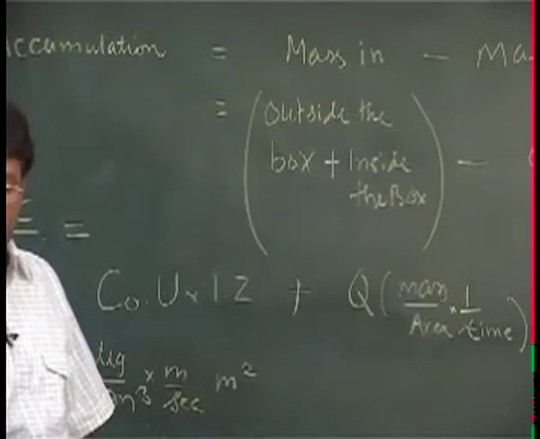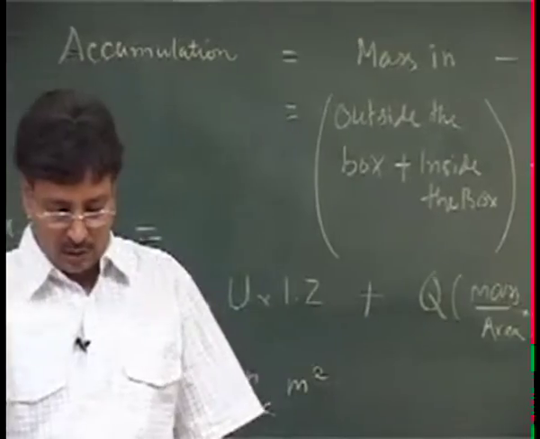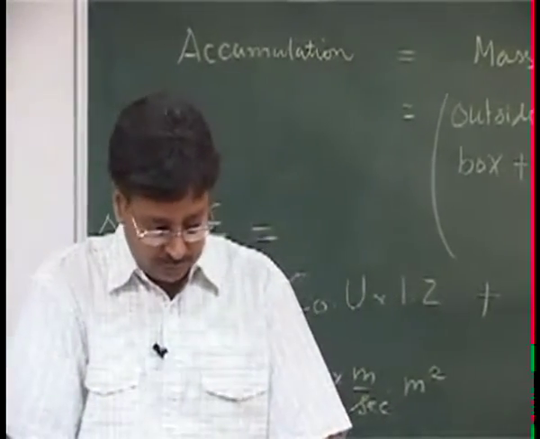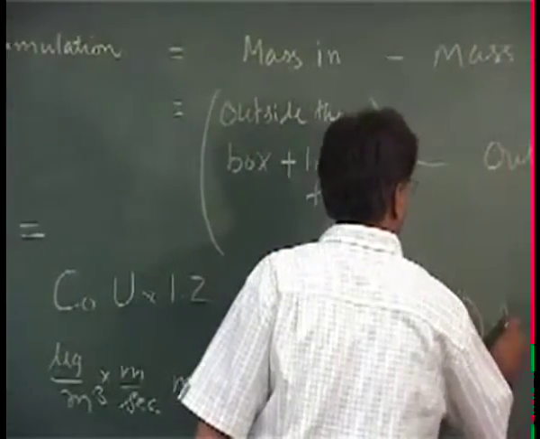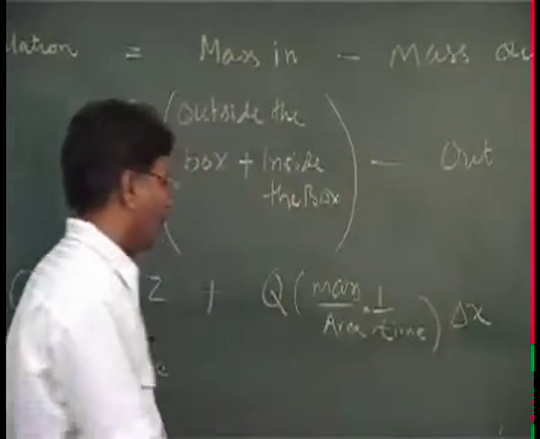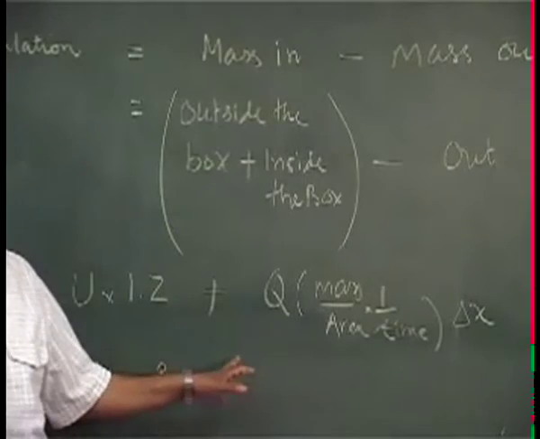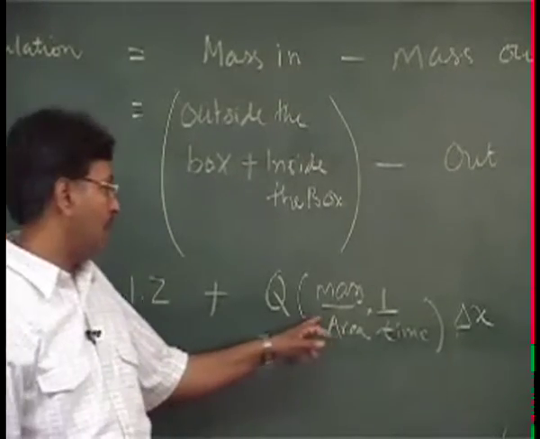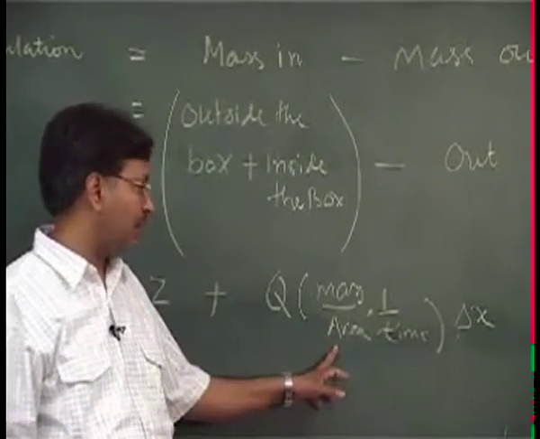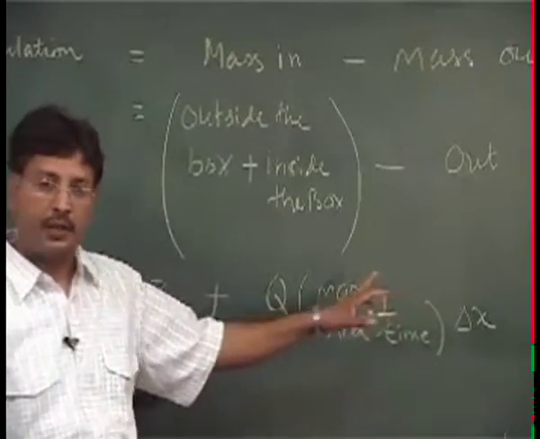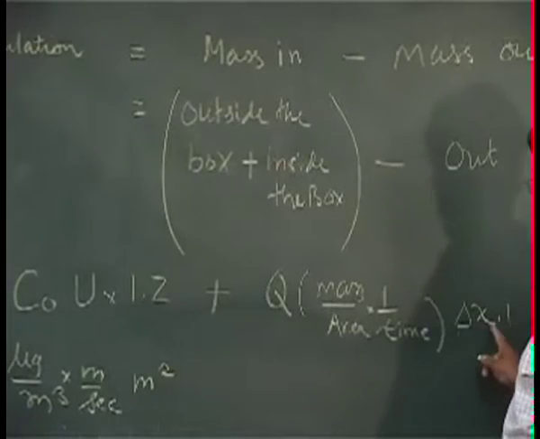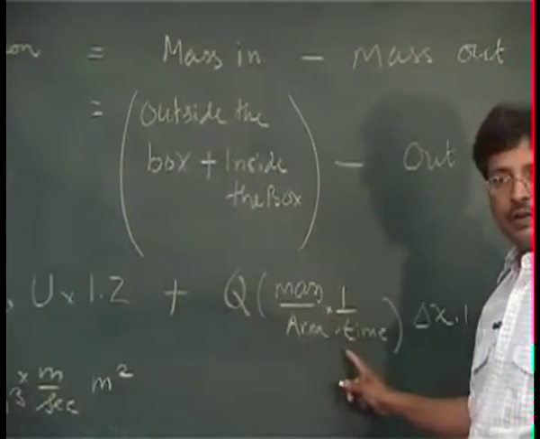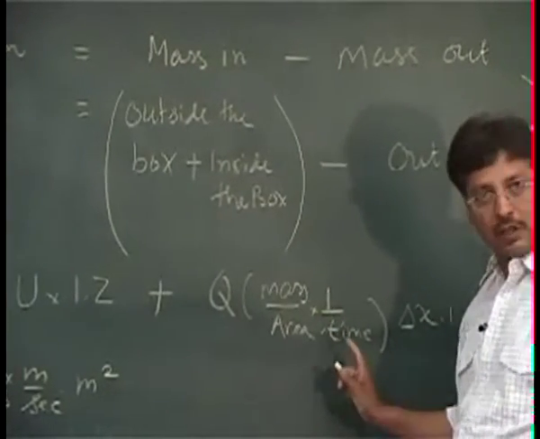Delta X. Or do we multiply by Z? No, we don't multiply by Z, because mass per unit area is there. Delta X into 1, and you can check that the area cancels, leaving mass per unit time. Clear?